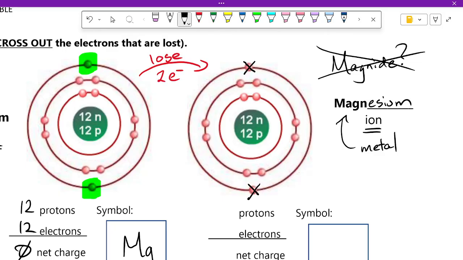Let's see, we still have 12 protons. How many electrons do we have now? We only have 10 electrons. That's positive 12, negative 10. What's our net charge? 2 positive. So the symbol will then be Mg, 2 positive.